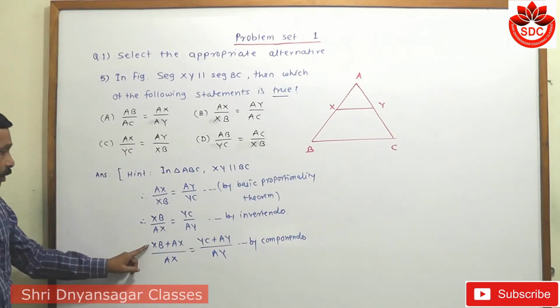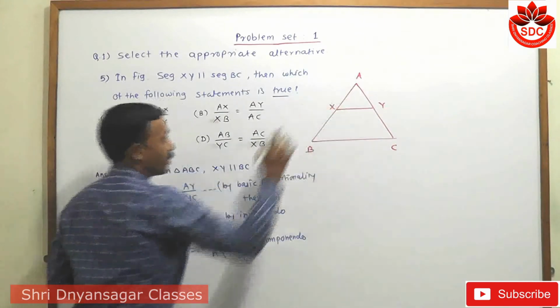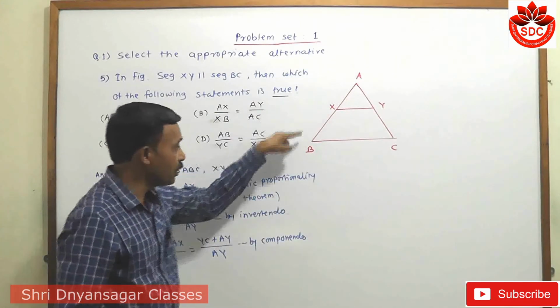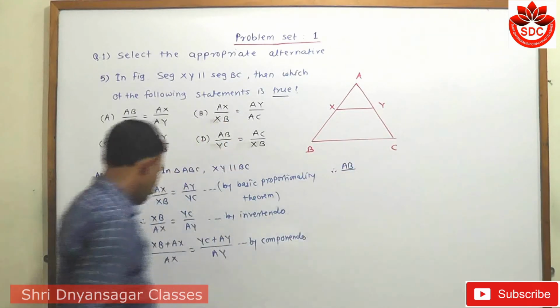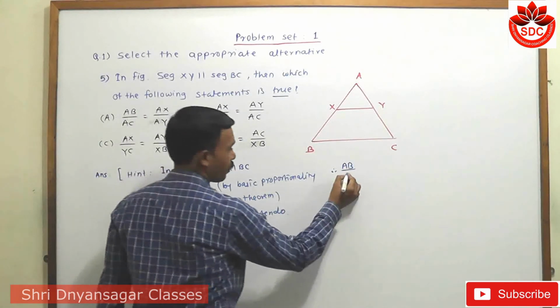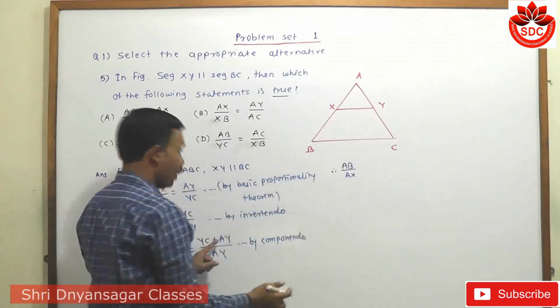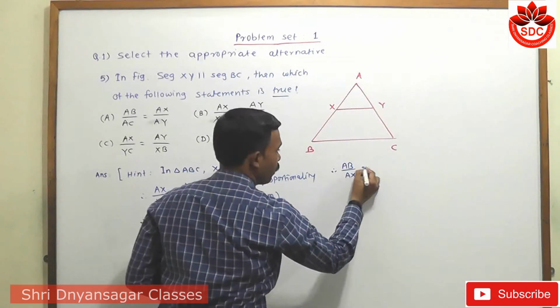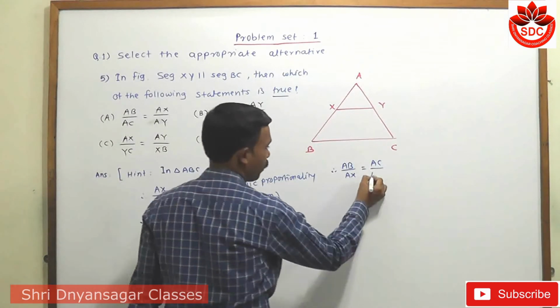Okay, look at the figure. XB plus AX, by using the in-between property, this is AB, so I write here AB upon the denominator as it is, AX, and look at this, YC plus AY becomes AC, means AC upon the denominator as it is, AY.